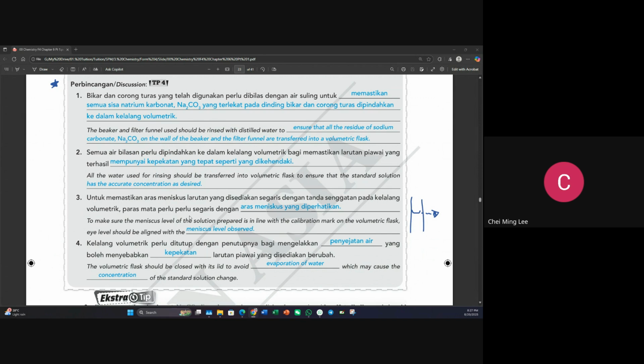To make sure the meniscus is read correctly, the eye level should be on the same level as the meniscus. This is to prevent parallax error. And the volumetric flask should be closed with the lid to avoid evaporation of water, which may cause the concentration to become higher. So this is the one that you need to jot down.